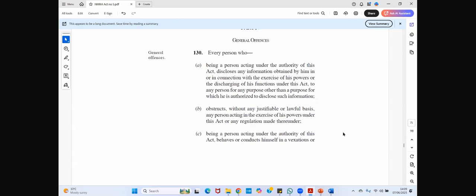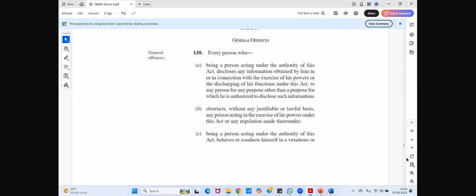Which means you can't disclose. For example, if someone is a chairman or member of these committees and the divisions, you can't disclose any information to the general public or your colleagues or your friends or family, right? Unless it's permitted by the Act that you can disclose, for example in a court case or something where you can talk about it.